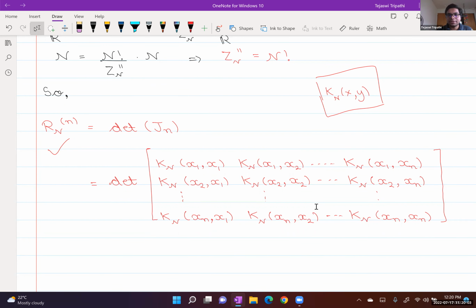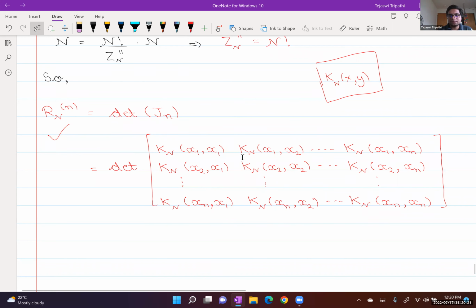So this is a point process. For every point process, you can define something known as correlation functions. And if those correlation functions can be written in this form, they are called a determinantal point process. There's actually a theory on determinantal point processes, and you can just follow that. This becomes very easy once we have shown that these correlation functions can be written like this.